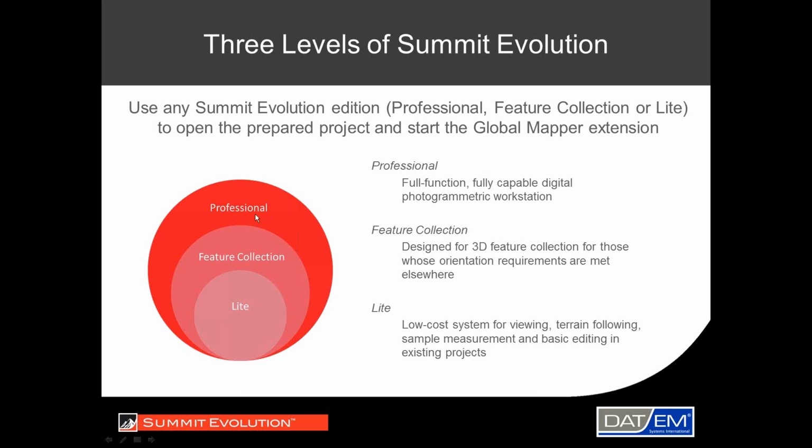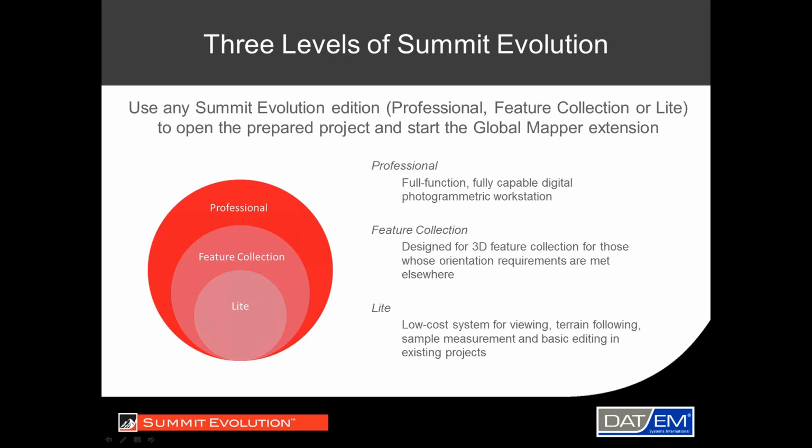So there's the professional level, feature collection, and Light. And this you should really discuss with your sales representative for Datum, because you may or may not need the professional version. The professional version would be full function, and it would allow you to do some orientation of those images that you're bringing into Summit Evolution.